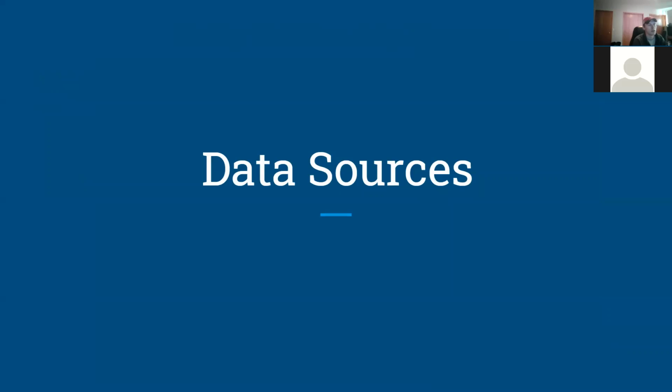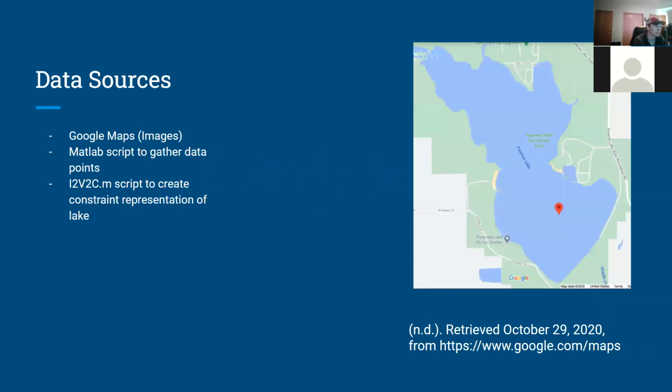Yeah, so we'll go ahead and discuss some of our data sources here. Our main data source and example lake that we worked off of was this PNG image of Pawnee Lake just outside of Lincoln. We retrieved this from Google Maps. Then, in order to create an MLPQ representation, a constraint database representation of this lake, we used the I2V2C MATLAB script and just clicked around the perimeter of the lake to get a mathematical constraint representation of it.